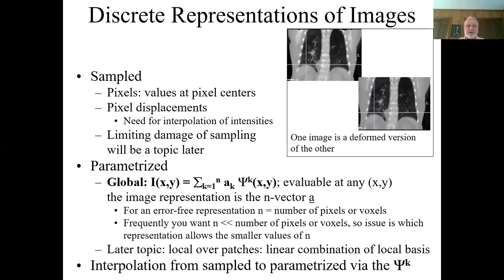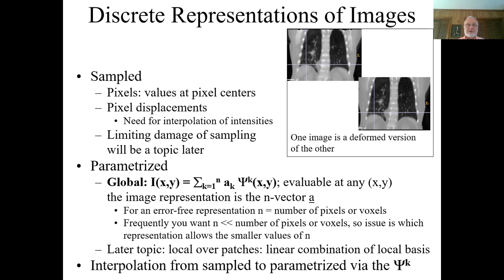And we've said that images are arrays, not to be confused with the kind of arrays that are matrices. And we're going to understand the value of a pixel to be at a value at the center of the pixel.